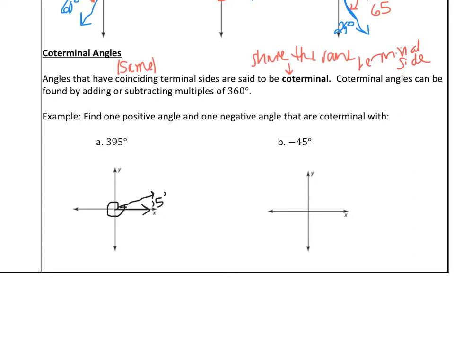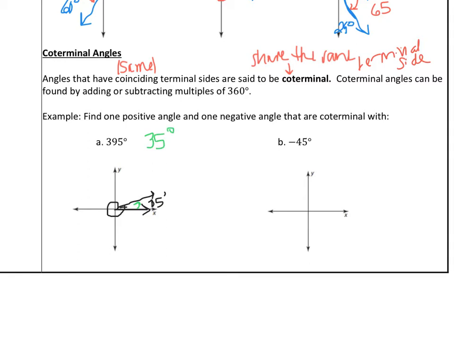So that's my 395. I want two angles that are coterminal. So my positive angle, coterminal, again, you always have to start on the x-axis. And so a positive coterminal angle has the same terminal ray, would be the 35 degree angle right there.